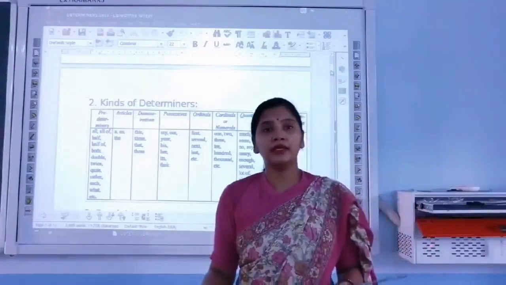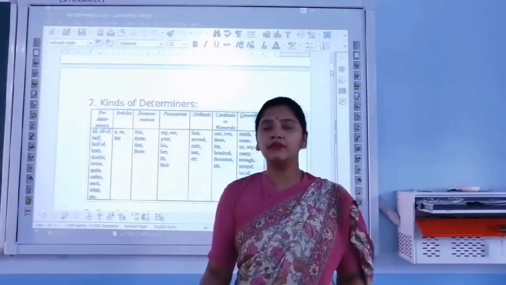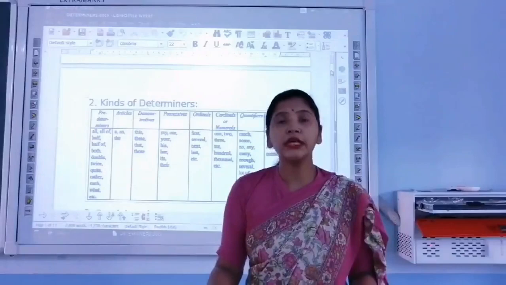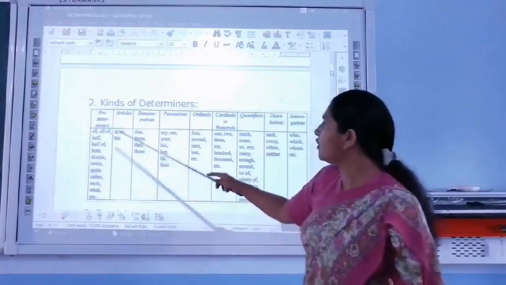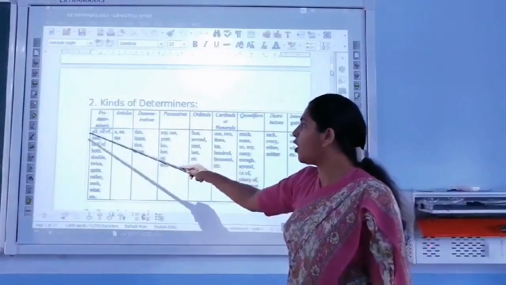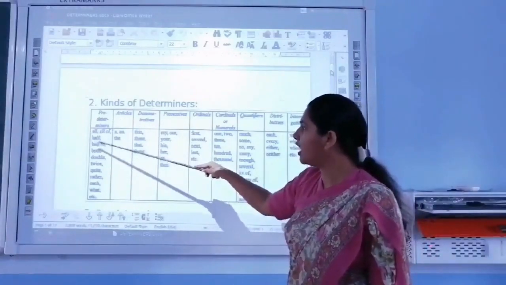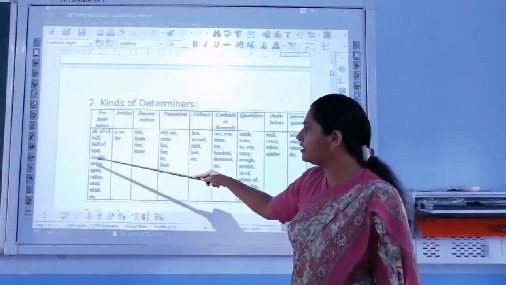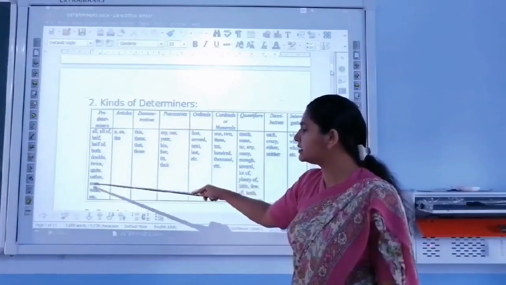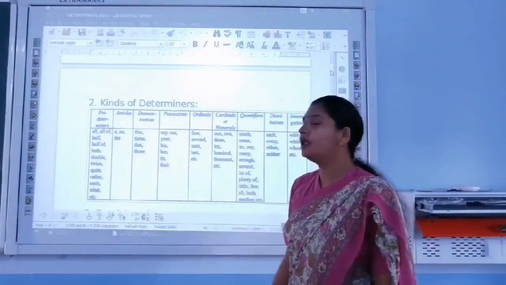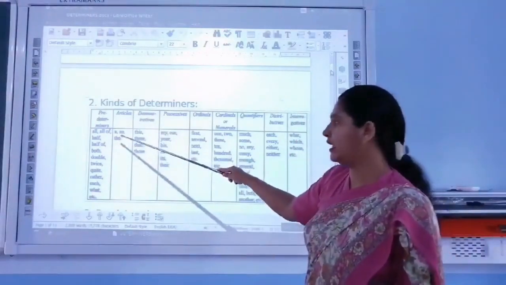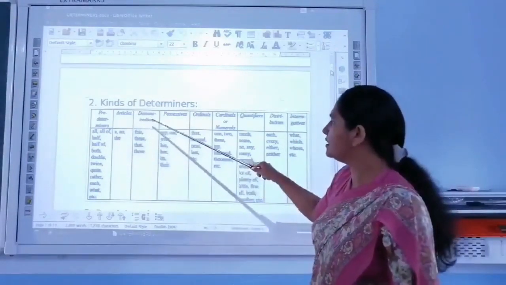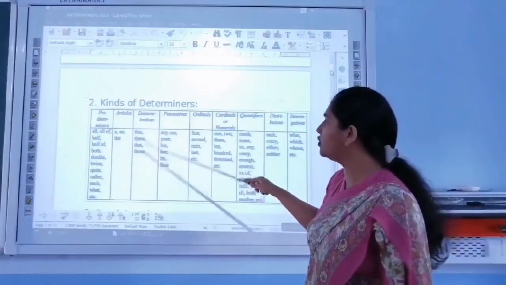Kinds of determiners we have to keep in our mind, then we are able to use the correct determiner at the correct place. First of all, predeterminers: all of, half of, both, double, twice, quite, rather, such, what, etc. All these are predeterminers. Articles you have read, a and the. Demonstrative: this, these, that, those.